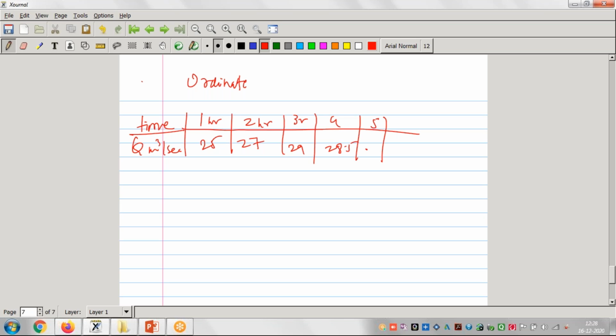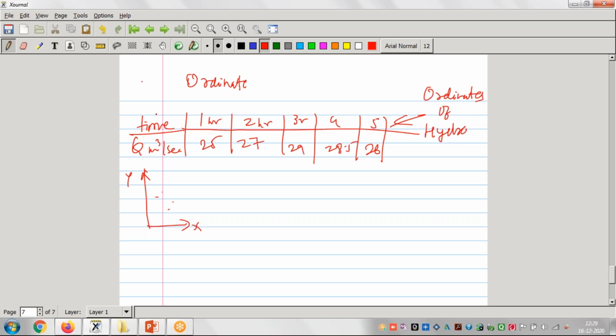I am telling you this is 26. So all these are called ordinates of the hydrograph, right? Ordinates of the hydrograph mean whatever numbers come on the x-axis and y-axis, these are our ordinates, right?